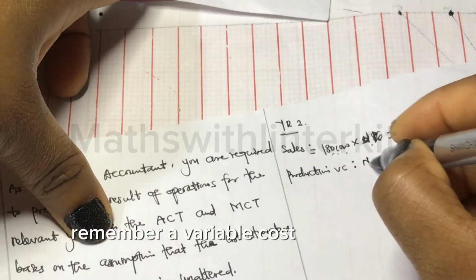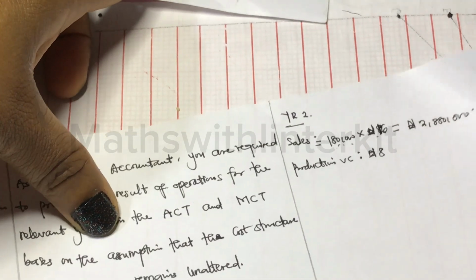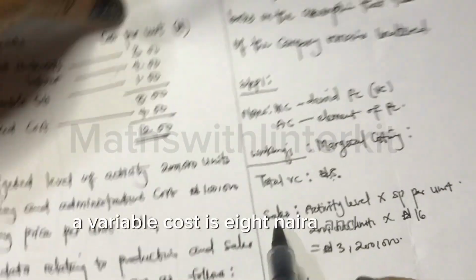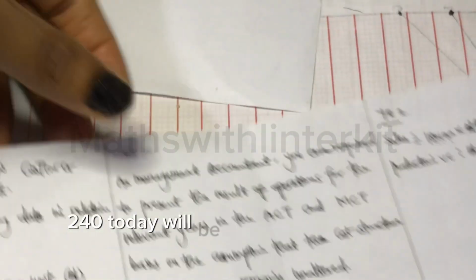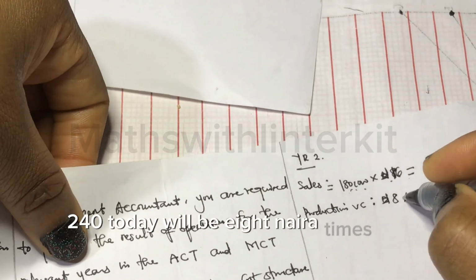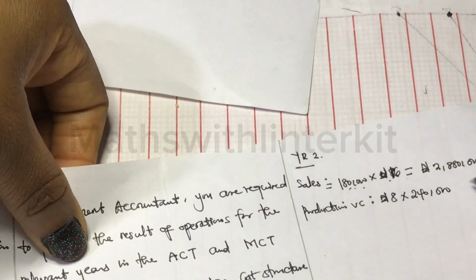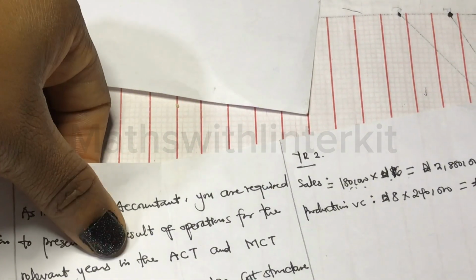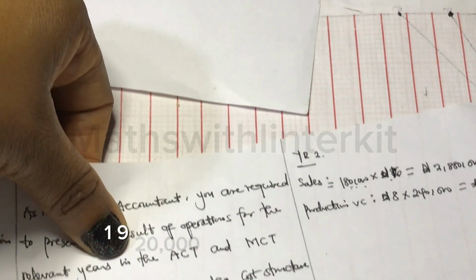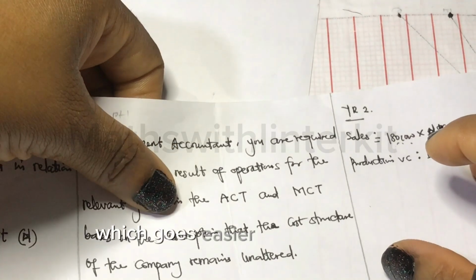Then for the production variable cost, remember our variable cost is 8 naira. Then go to year 2. What is the production unit? 240. So that will be 8 naira times 240 units. That should give us 1,920,000. After the production, which else is yet to be captured?